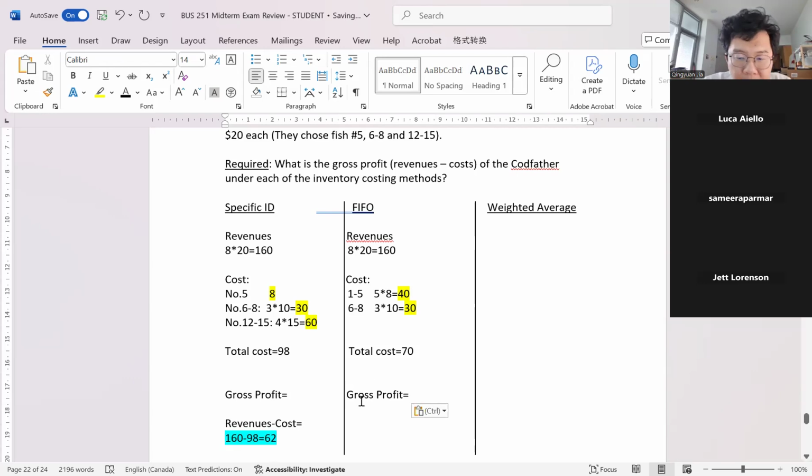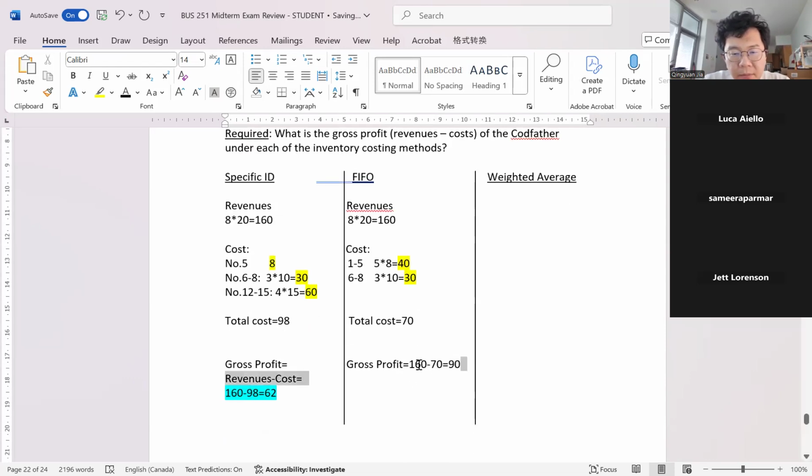In this way, the gross profit will be 160 minus 70 equals 90. You see, this is different from the specific ID.